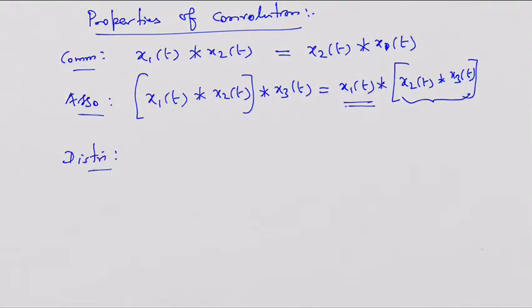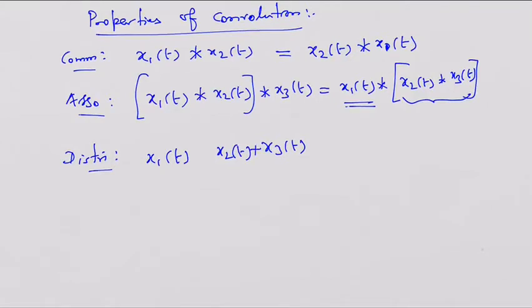Or you can speak about distributive property. How to express distributive property? I have x1 of t, x2 of t and x3 of t. There are three signals available. Let me introduce a plus sign between, that is, x2 of t is added with x3 of t. The result is convolved with x1 of t.